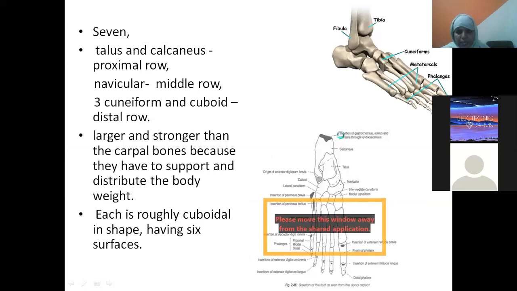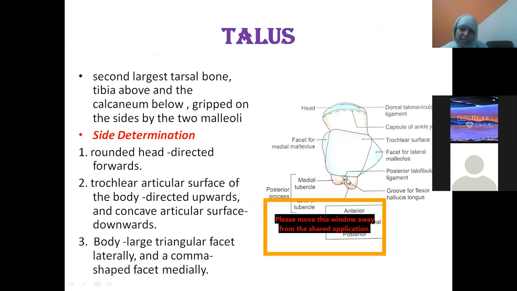If you observe this talus, it has two articular facets, one on the medial side, one on the lateral side. Yes, ma'am. The medial one is comma shaped, the lateral one is triangular and big in size.